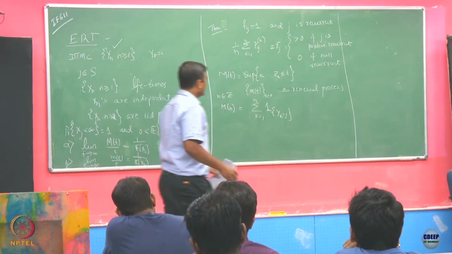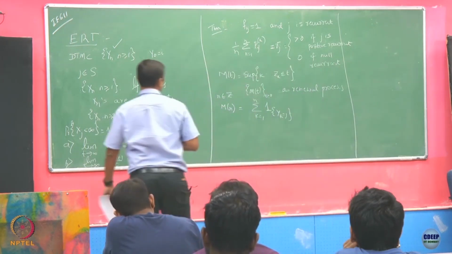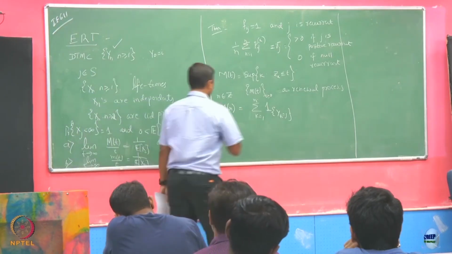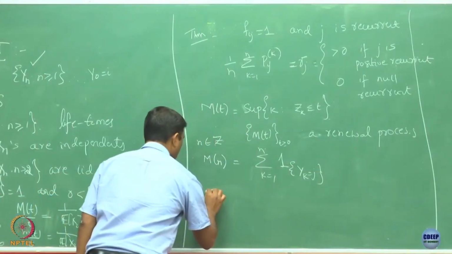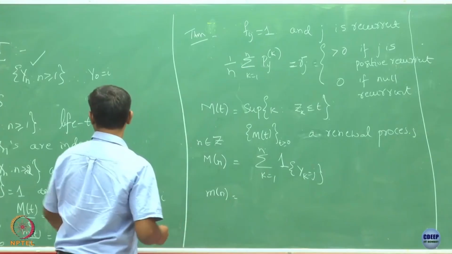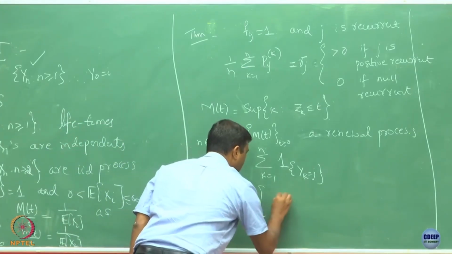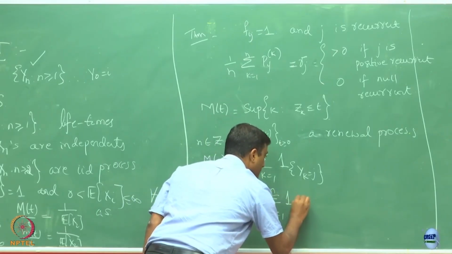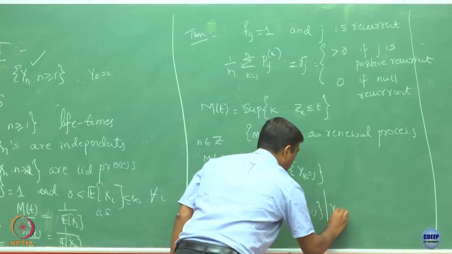Now for this also I can define, I am assuming that I am starting from some initial state y_0 equals i, right. So I can denote the expected value of this, with k equals 1 to n, integer k given.